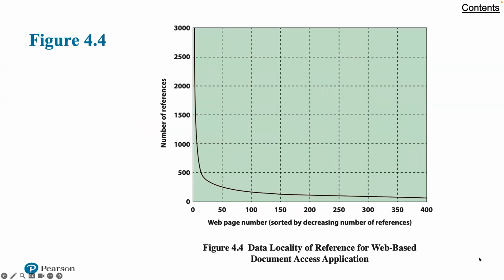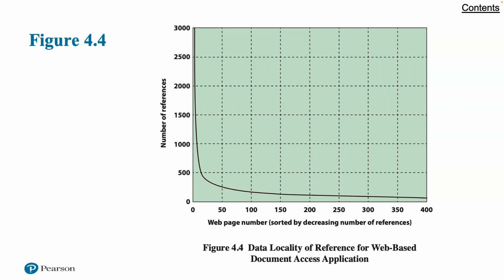Okay, here's another figure. An example of data locality is illustrated in figure 4.4, which shows the results of a study of web-based document access patterns where the documents are distributed among a number of servers. In this case, the unit of access is a single document and temporal locality is measured.